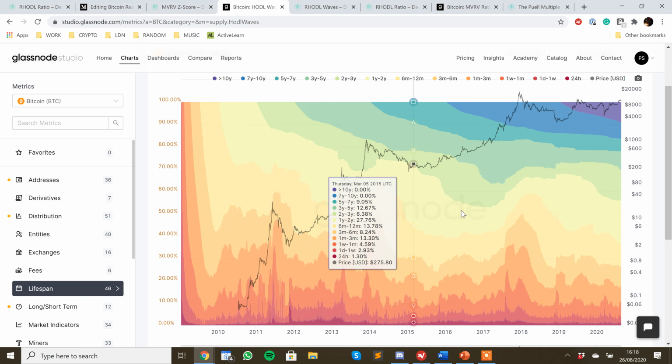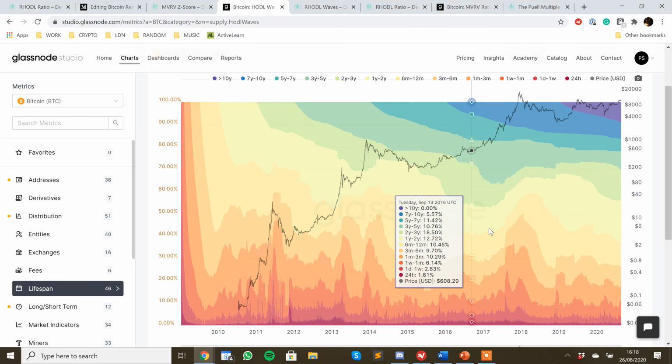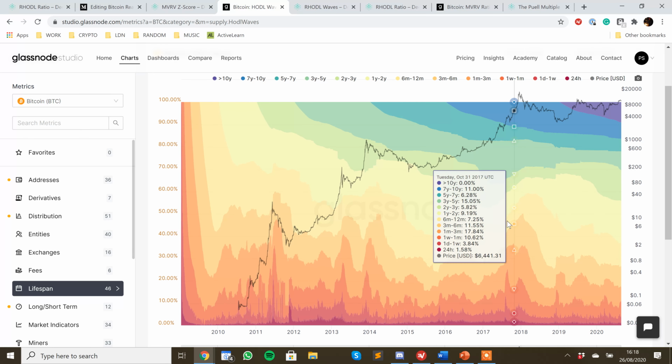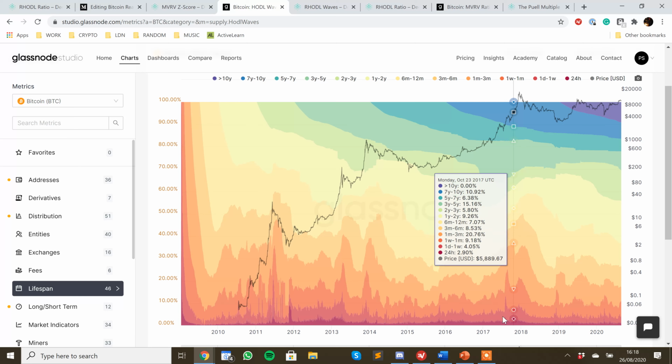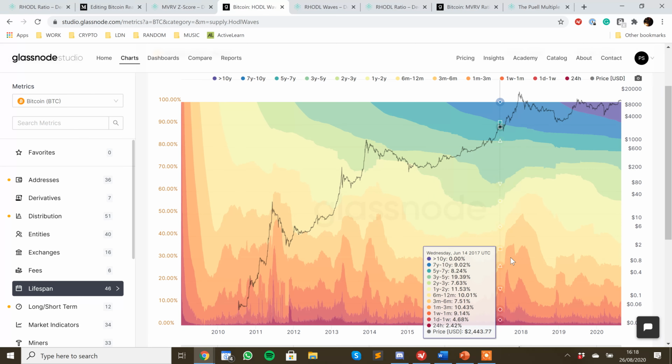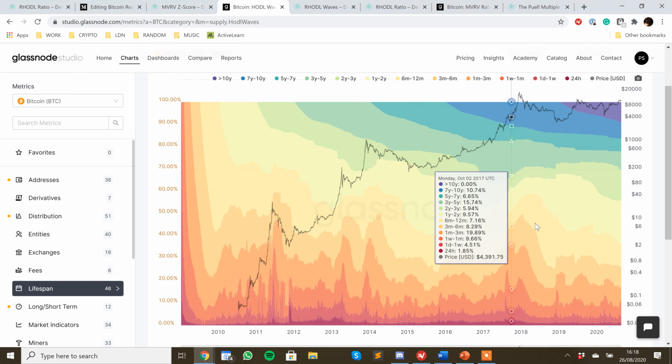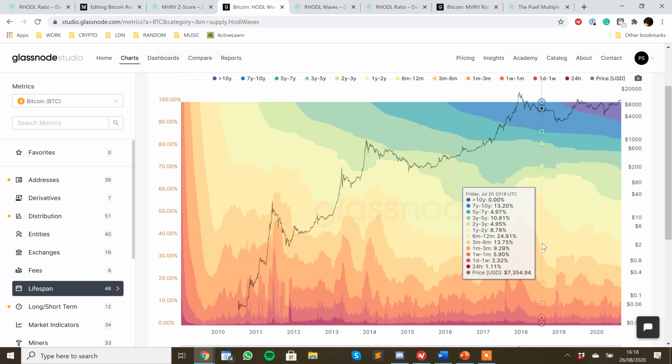The reason for that is new entrants coming into the market, buying Bitcoin, coins changing hands, so other people are selling. There's lots of selling activity, and so these shorter time frame bands jump up. We see that each cycle, and then they come back down again.